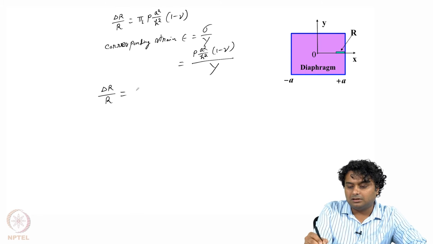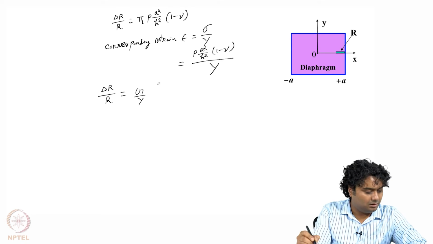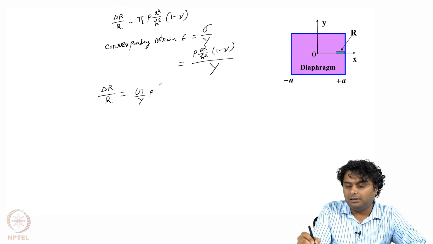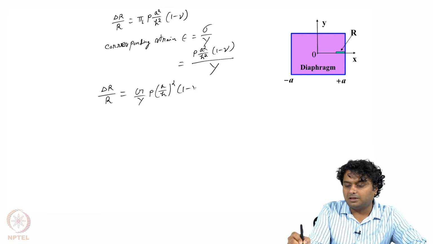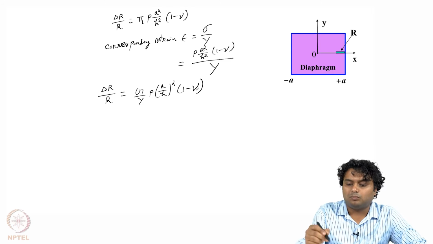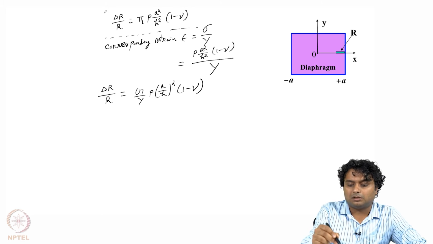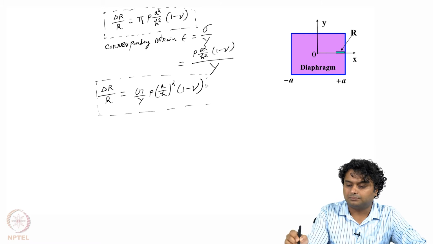So, that is G by Y into P into A by H whole square into 1 minus nu. So, both the expression with the piezoresistive coefficient as well as the one with the gauge factor are important.